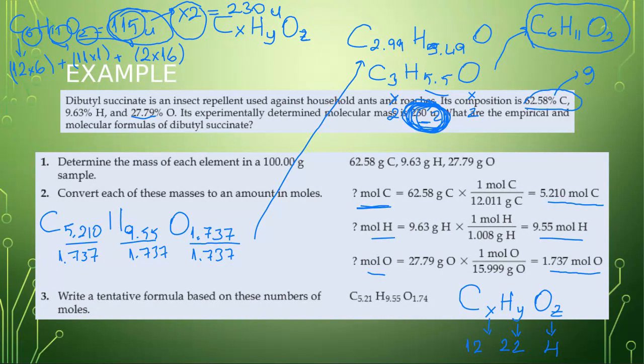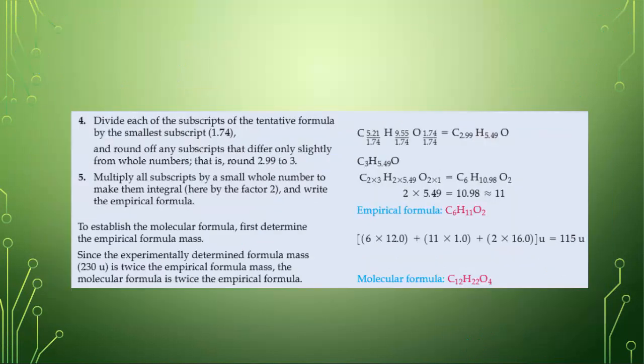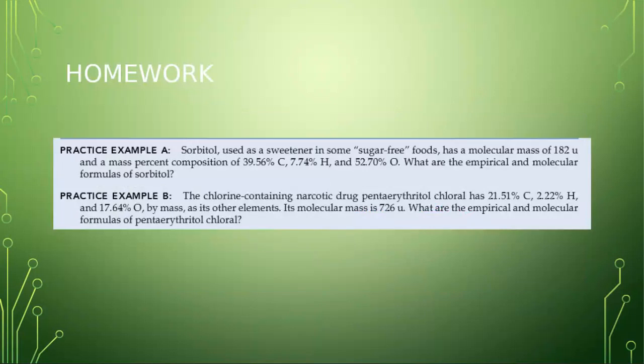Is that clear or not clear? Please listen to this example explanation again and again, and then you can understand so clearly, because I am doing it step by step. This is your homework.